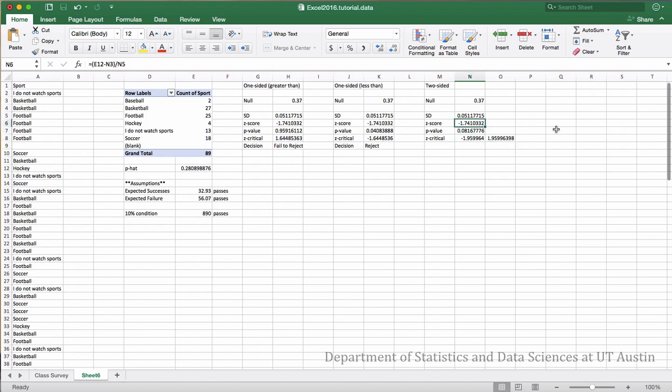Notice that our z-score did not exceed either one of our critical values. Our p-value is greater than 0.05, so our decision is to fail to reject. And we would conclude that there is no evidence that the proportion of individuals who prefer football is something other than 0.37.